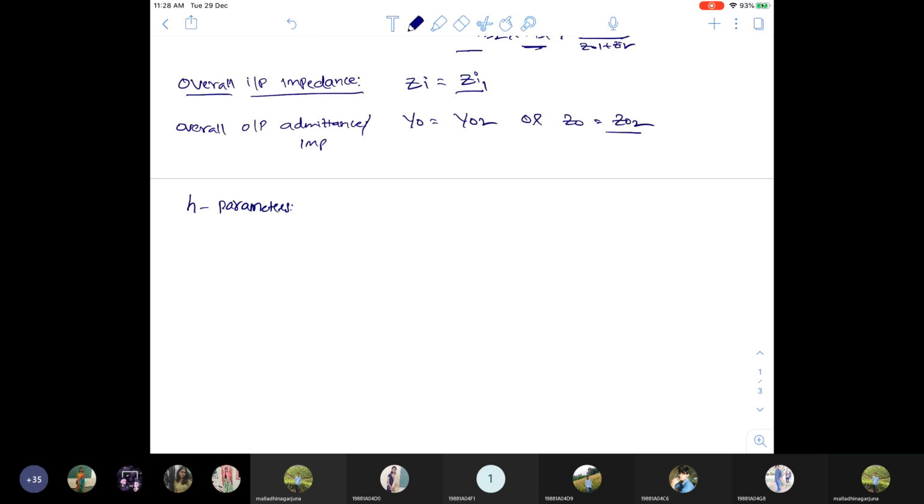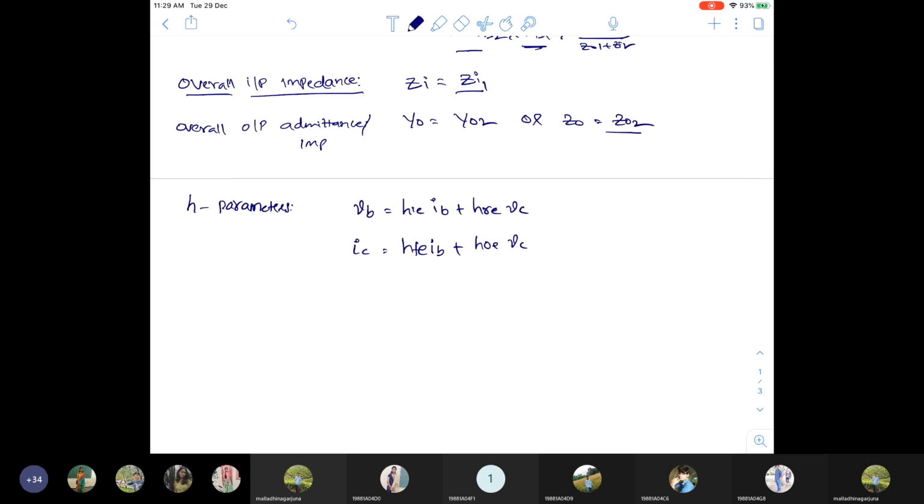That is VB equal to HIE IB plus HRE VC, and IC equal to HFE IB plus HOE VC. This is general for a CE amplifier. I am not writing it as a single stage, first stage or second stage. If it is the first stage, in the suffix we will add 1. So VB1 equal to HIE IB1 plus HRE VC1, IC1 equal to HFE IB1 plus HOE VC1, like that.